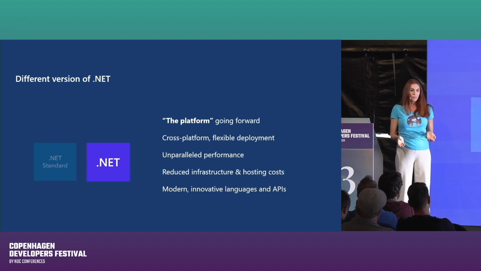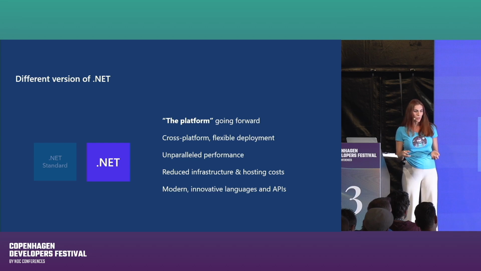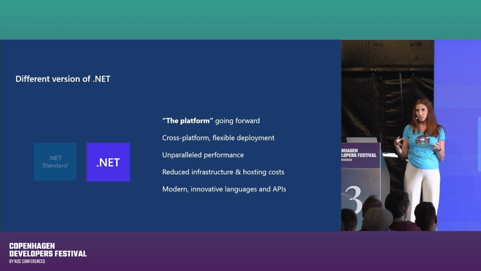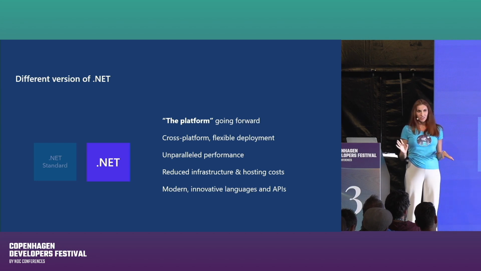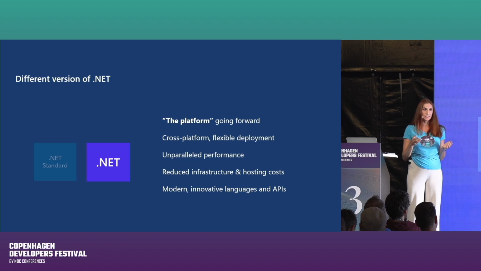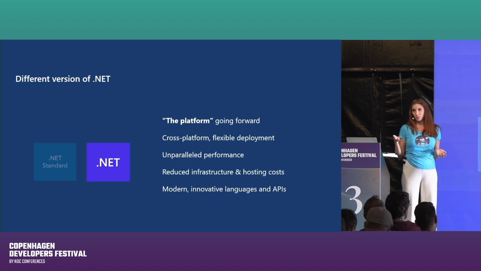It's cross-platform, it allows flexible deployments, it has unparalleled performance, and it's much, much better in so many different ways. We keep improving .NET, so all our effort, all our changes go there. We're not changing .NET Framework or .NET Core, so nothing is happening there. It's still available for you, so if you have applications, they can still run on those platforms, but all the new changes and improvements go specifically to .NET.